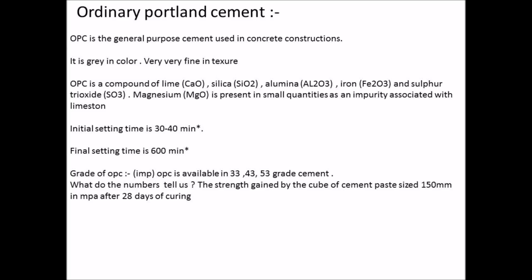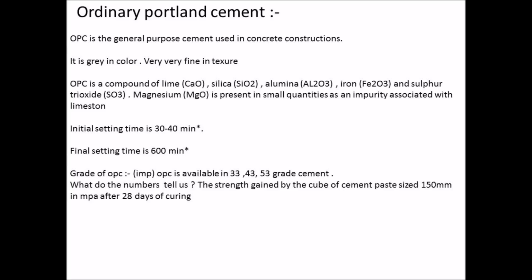Just like that, lime comes with magnesium free. The initial setting time of ordinary Portland cement is 30 to 40 minutes, and the final setting time is 600 minutes, which is 10 hours. And now we'll see grades of ordinary Portland cement.